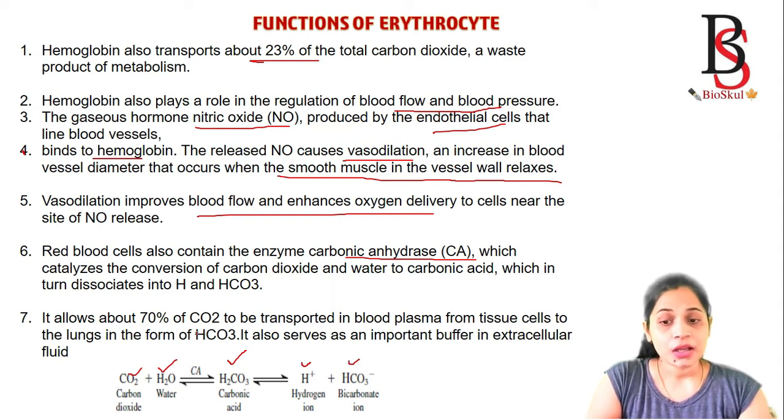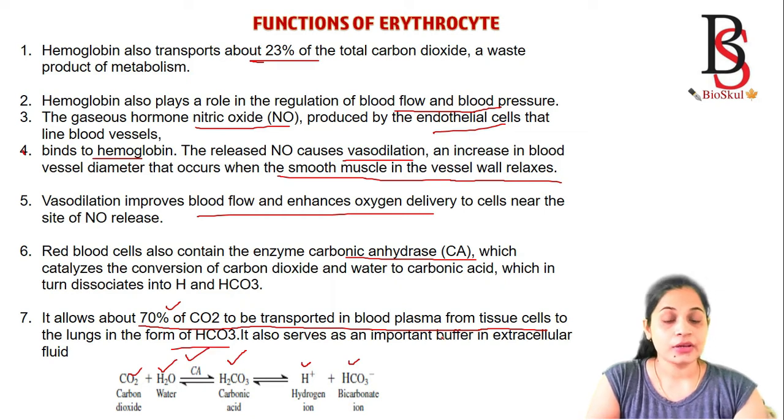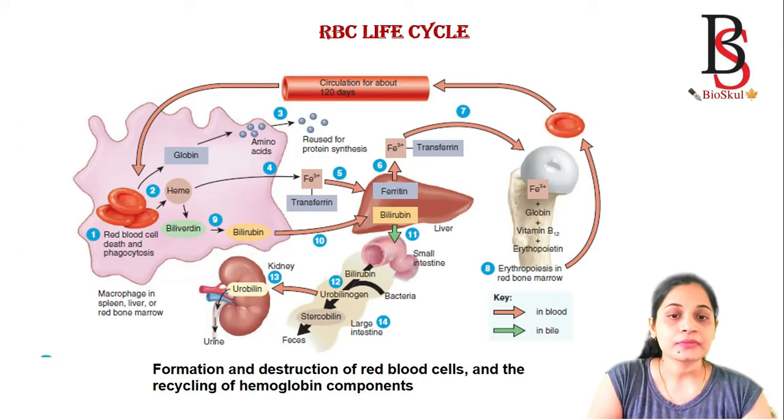So erythrocytes allow about 70% of carbon dioxide to be transported in blood plasma from tissue cells to the lung in the form of bicarbonate ion. 70% of carbon dioxide is transported in the form of bicarbonate ion. It also serves as an important buffer in the extracellular fluids. So these are some important functions of erythrocytes.